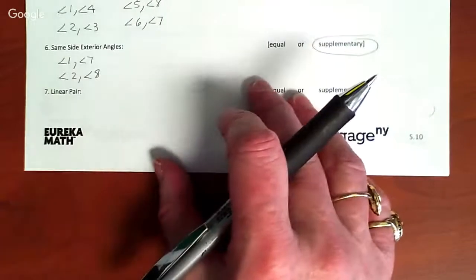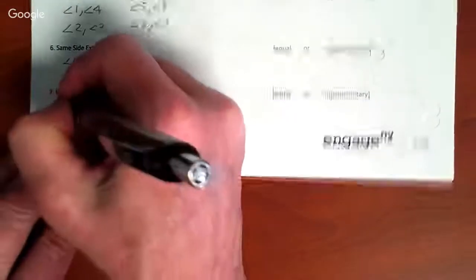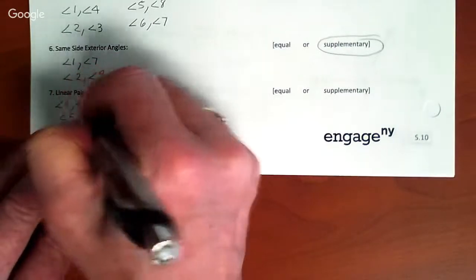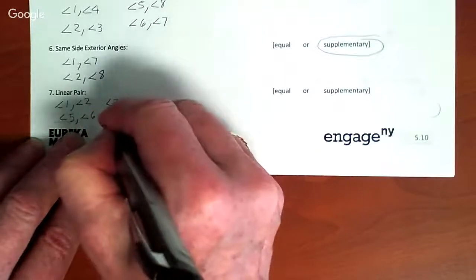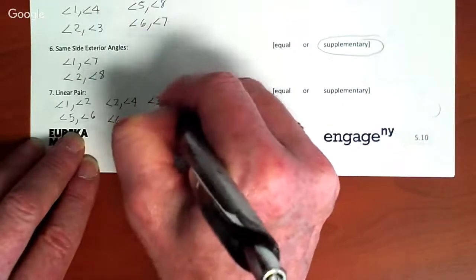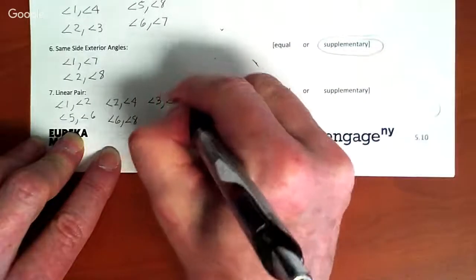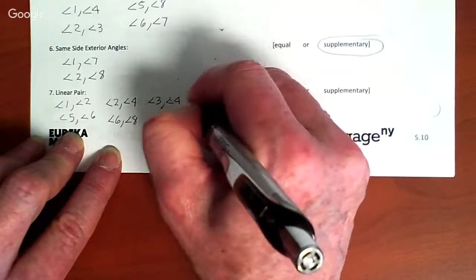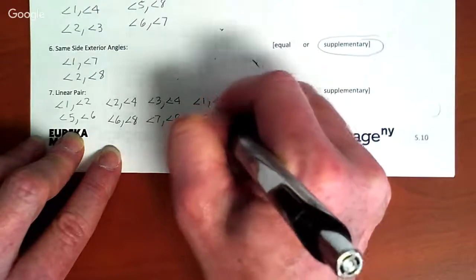Last is our linear pairs. We have quite a few of them. We have 8 of them, and they would be angle 1 and angle 2, angle 5 and angle 6, angle 2 and angle 4, angle 6 and angle 8, angle 3 and angle 4, angle 7 and angle 8, angle 1 and angle 3, angle 5 and angle 7.